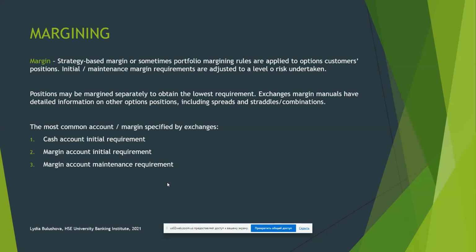So you say that there is a put and there is a call, like two separate positions, but the exchange tells you that it is not a put and a call because you have it like a strangle. We're going to talk later about what a strangle is. So there is a cash account, there's a margin account. There's initial margin, maintenance margin, and there's a cash requirement that is specified by the exchange, the options exchange.